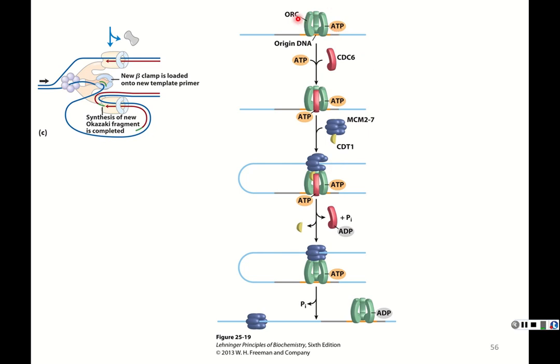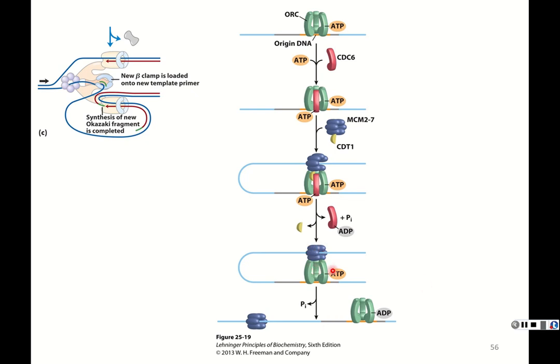We have this ORC complex that binds to our origin in the eukaryotic DNA, and then the protein CDC6 comes in, and then our MCM2 will come in, and this is like our helicase protein.